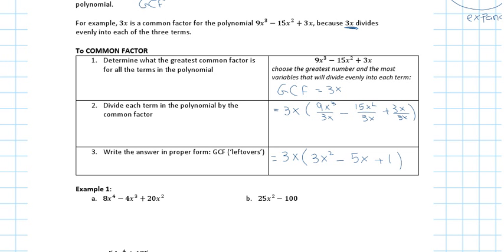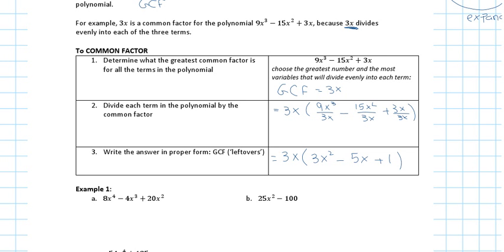A lot of people stop writing the GCF outside, which is wrong, because then you're changing your equality. Make sure you have your GCF outside, and it's multiplied with the bracket containing what we call the leftovers when you factor out the 3x.